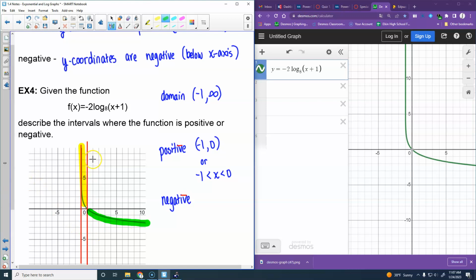So the left-hand parameter that I'm going to have here is going to be at 0. Where's the right hand? Where's it end? Infinity. All right, so this would be from 0 to infinity, or when you go to infinity, that means it needs to be like greater than or less than. So this would be x is greater than 0.